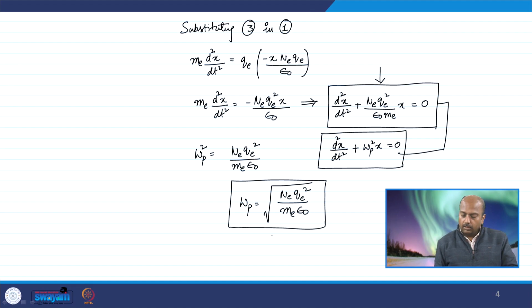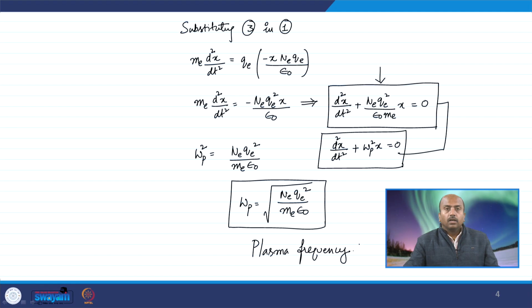This is called the plasma frequency. What is plasma frequency? Plasma frequency is the characteristic parameter associated with fundamental plasma oscillations.